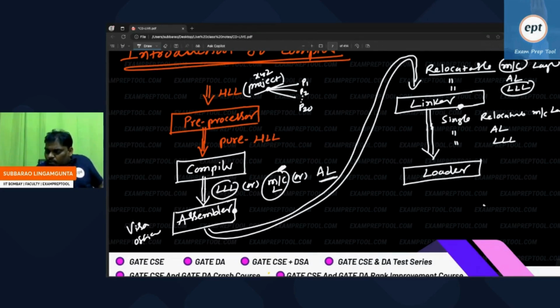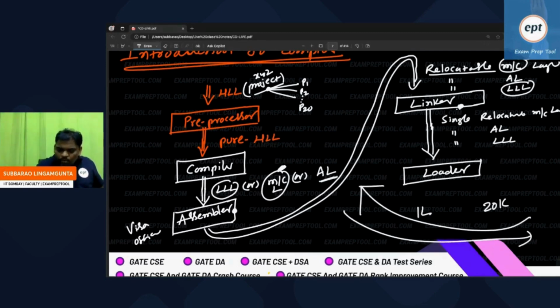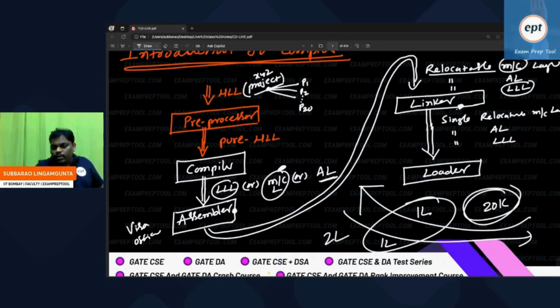So for a 20,000 phone, going to the US costs 1 lakh, coming back costs one more lakh, total 2 lakhs you have to spend for a 20,000 phone. So it is better to go after linking.